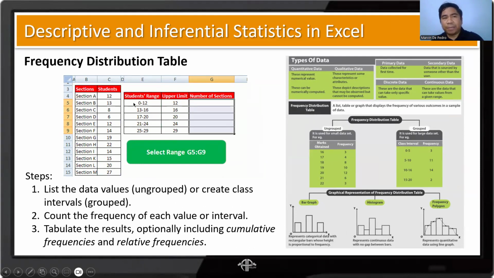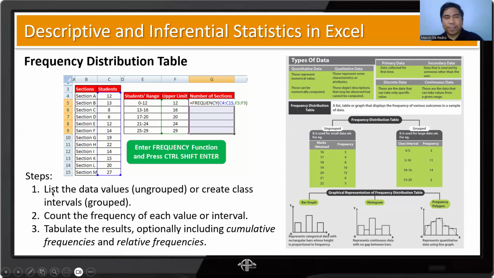Out of the raw ungrouped data, we come up with our range, and then in each range we just determine the upper limit. Like from 0 to 12, the upper limit is 12. And from that, using the formula. But actually, I have another way to do this, and I might include this in our demo.